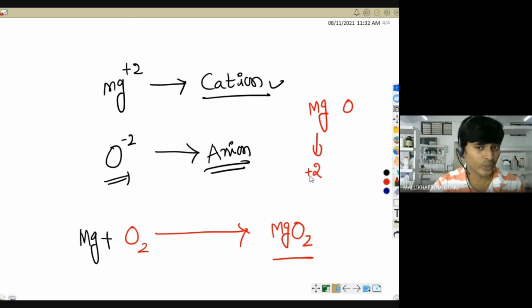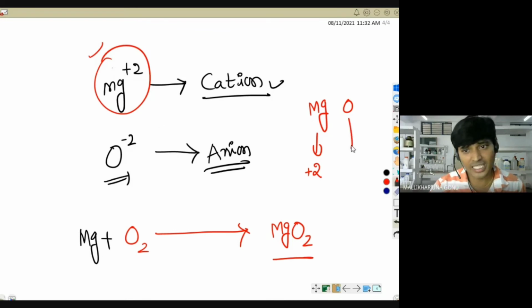Okay, all of you students try to understand. It is +2 because, to complete its octet, it loses 2 electrons. What is the valency of oxygen here? Prithviraj? -2, sir. So this is how to write the chemical formula. New students, please try to understand. The rest of the students know, but I am explaining for those who came from other schools.